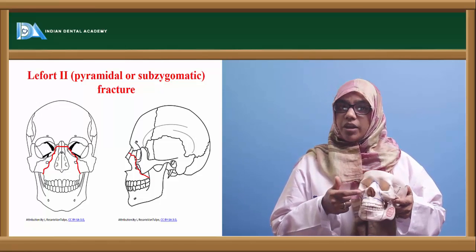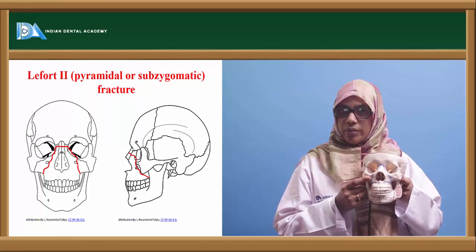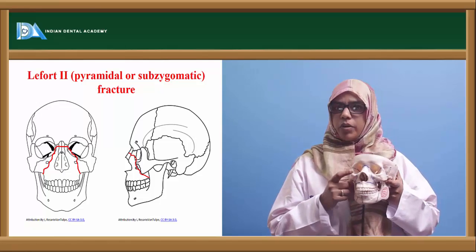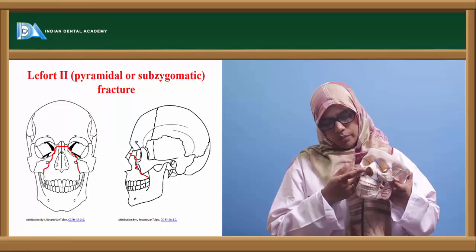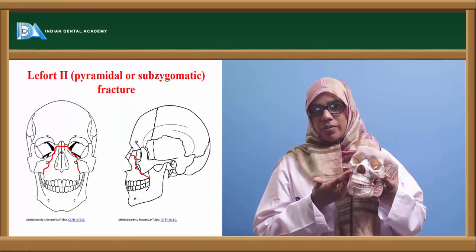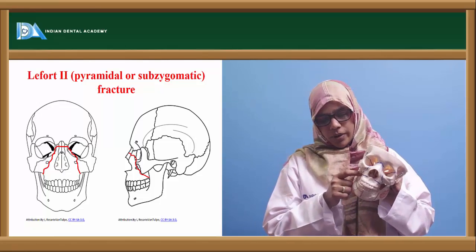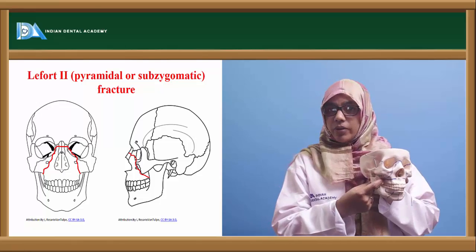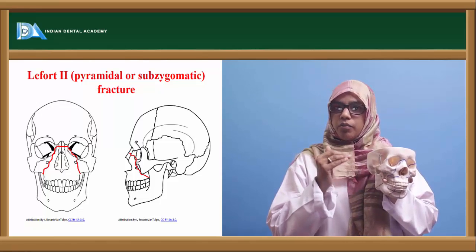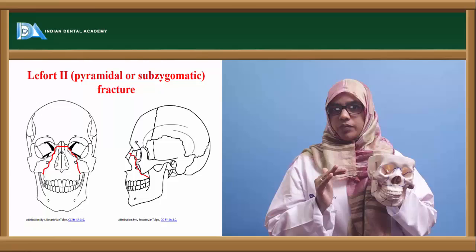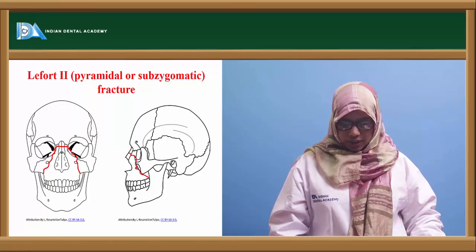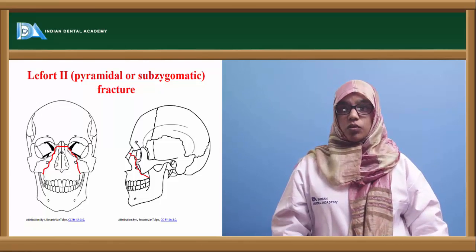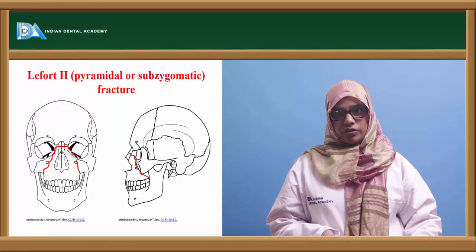It may fracture the infraorbital foramen either above or below it, but most of the time it is below it. It moves along the anterior wall of the maxilla, goes below the zygomatic arch and fractures the pterygoid plate midway between the upper and the lower third. Alright, this takes place on both sides, hence it is also called pyramidal fracture.